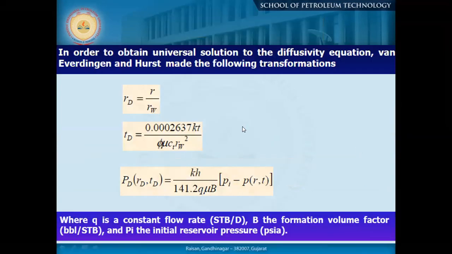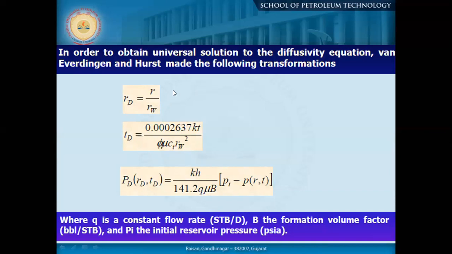So now, for solving our partial differential equation or for getting some solutions, van Everdingen and Hurst made the following transform. These are all dimensionless parameters: r_D, t_D, and p_D. Okay, so on the left side we have the dimensionless parameters, or you can say universal parameters, for any sort of field unit.